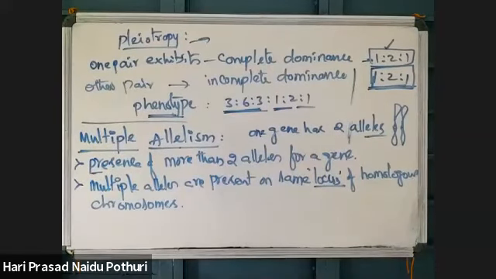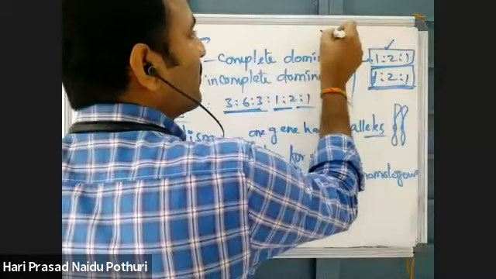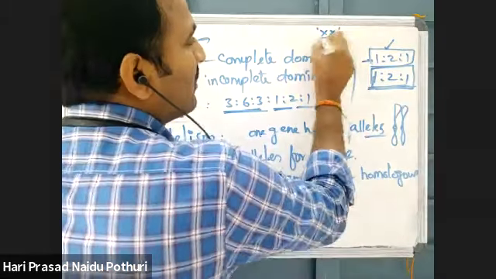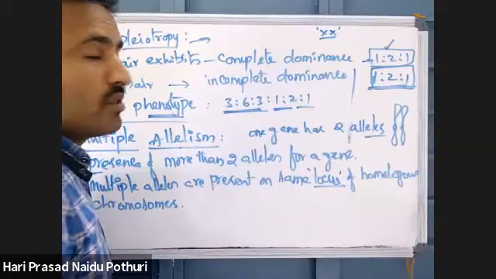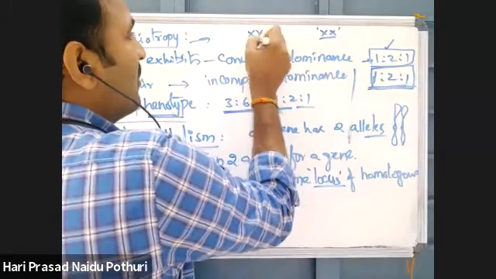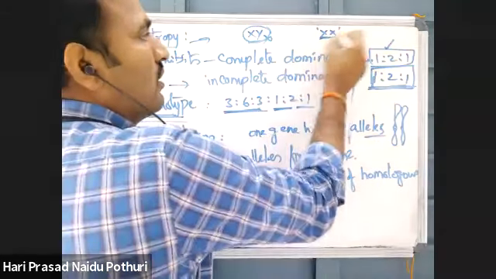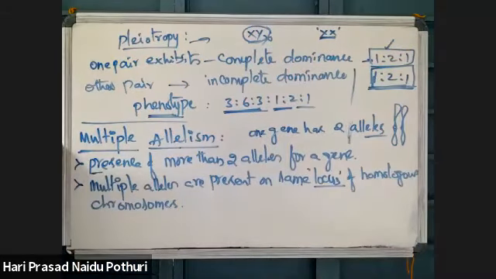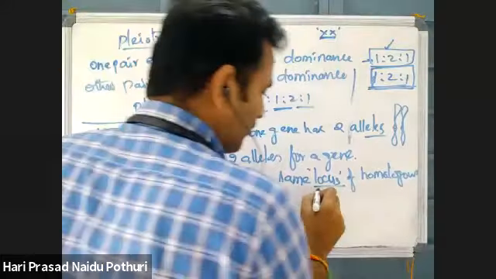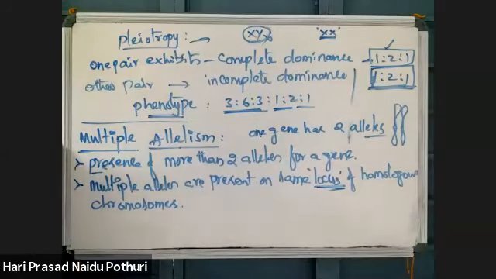In females, two X chromosomes are homologous, but the X and Y chromosomes in males are not homologous. In homologous chromosomes, alleles are present at the same locus. Locus means position.